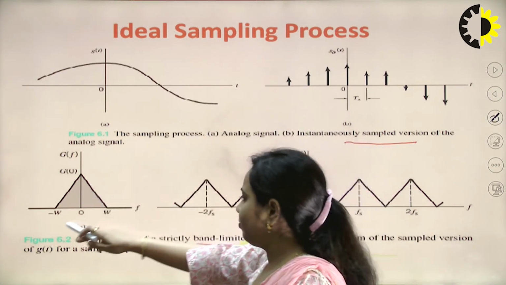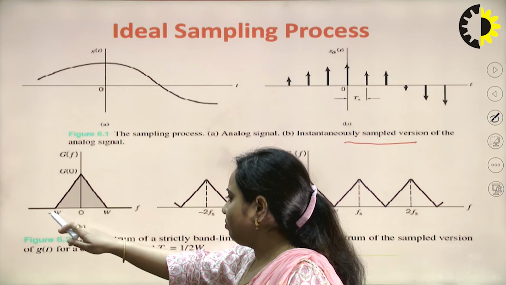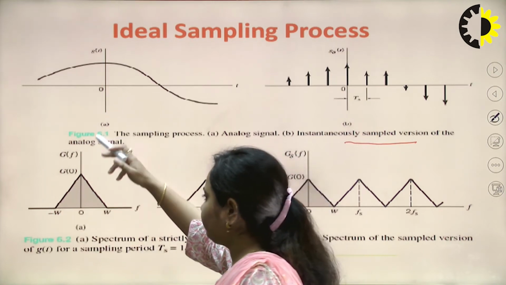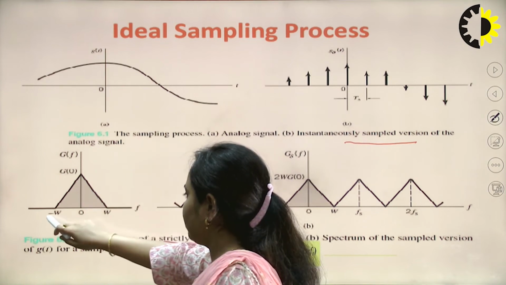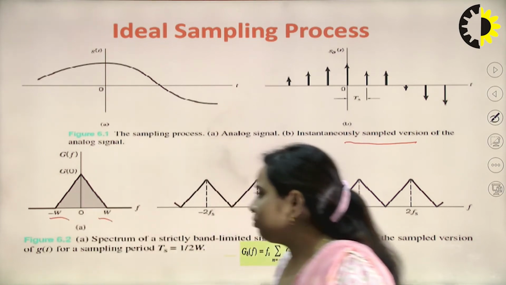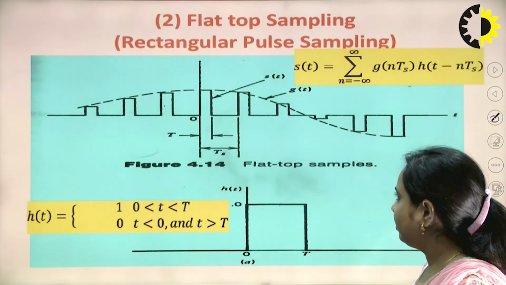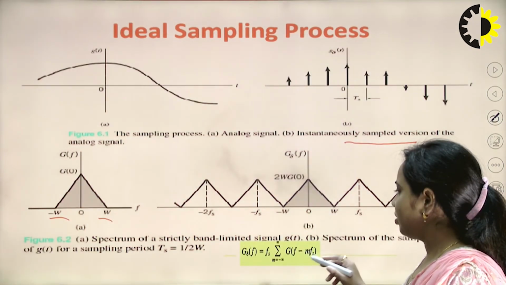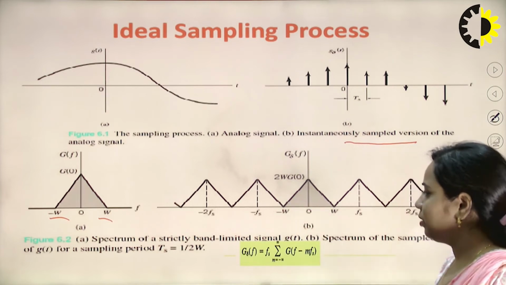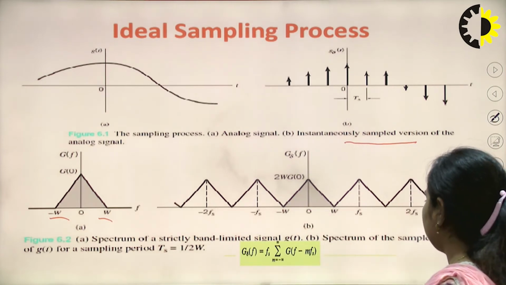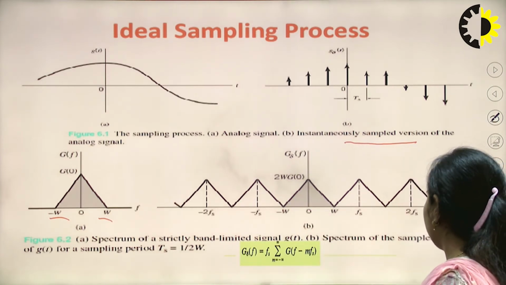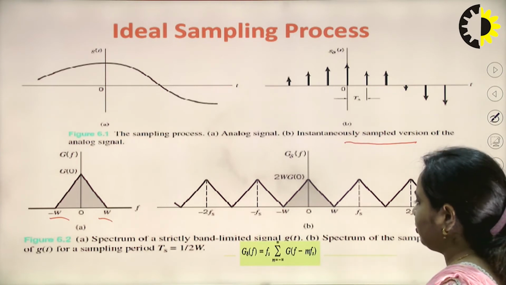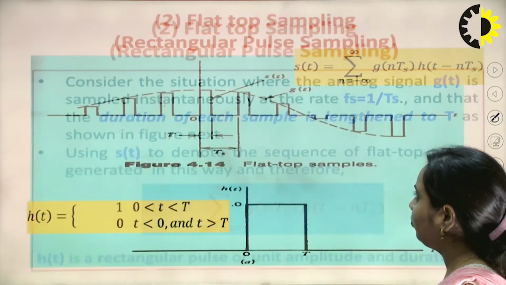This is G(f), which is the frequency domain representation extended from minus W to plus W, and then it repeats. So the spectrum of the first one is the band limited signal, and the other is the spectrum of the sampled version of g(t) for a sampling period of Ts, which equals 1 upon 2W.